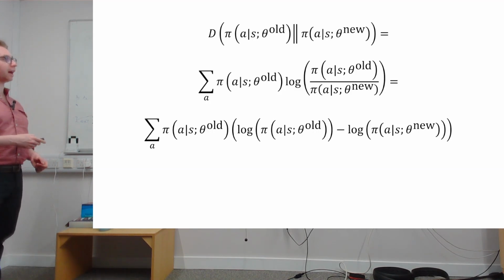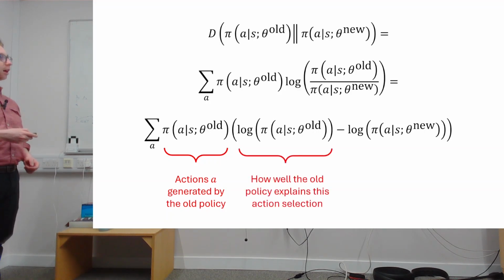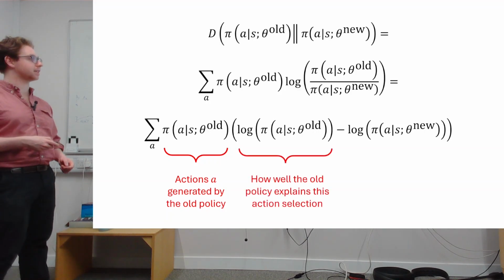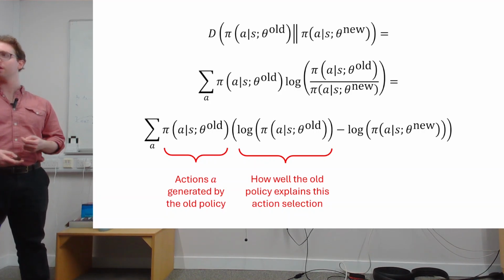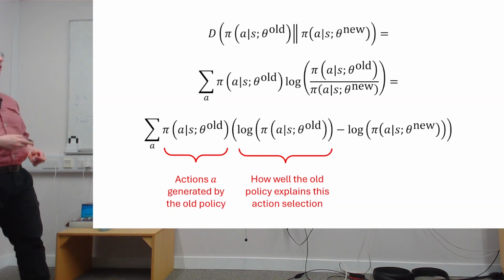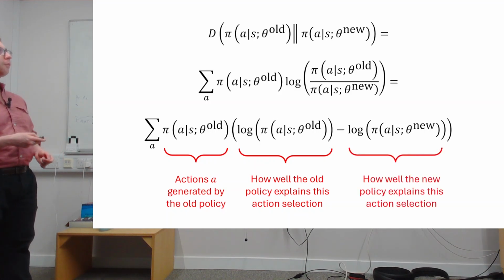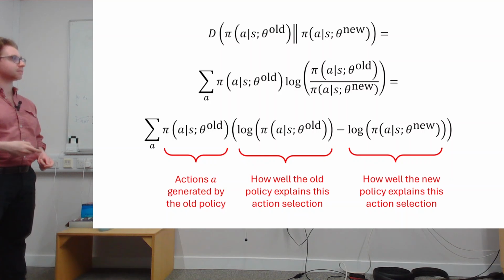So one way that we can interpret what we've got here is we're generating actions according to the old policy. And this first term is asking how well does the old policy explain that action selection. So the log probability of the actions under the old policy. So this is how well does the old policy explain this action selection. And this is how well does the new policy explain this action selection. This is the way we can interpret this.